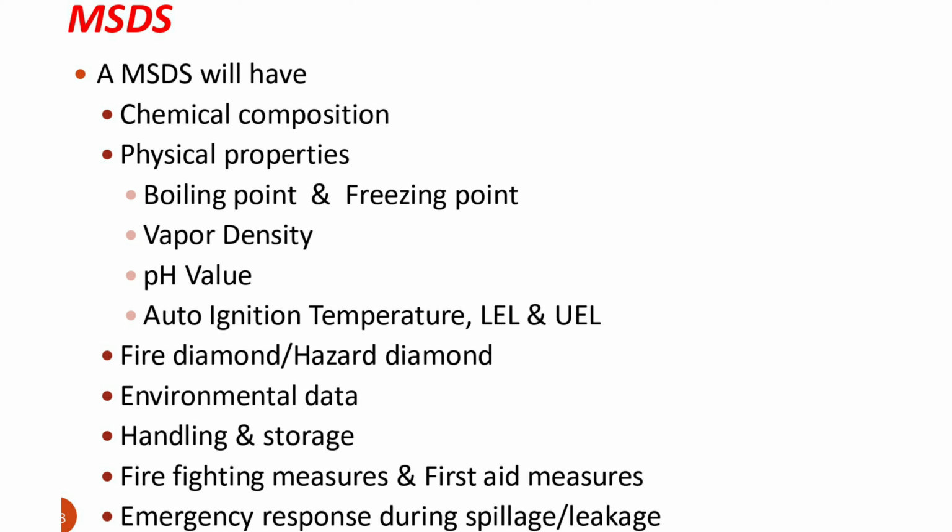An MSDS will have chemical composition, physical properties, boiling point and freezing point, vapor density, pH value, auto-ignition temperature, LEL and UEL, fire diamond, hazard diamond, environmental data, handling and storage, firefighting measures, first aid measures, emergency response during spillage and leakage.